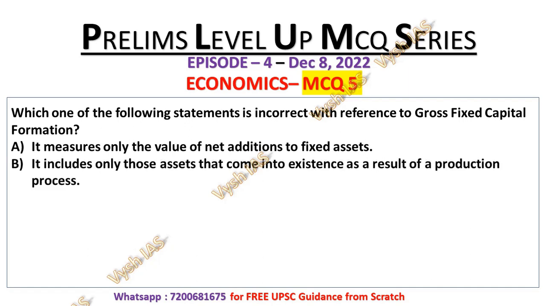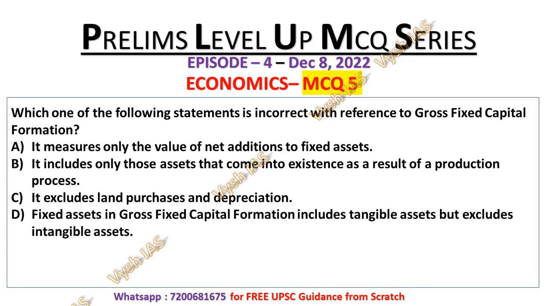Statement B: it includes only those assets that come into existence as a result of a production process. Statement C: it excludes land purchases and depreciation. Statement D: fixed assets in gross fixed capital formation include tangible assets but exclude intangible assets. So I will give you 10 seconds once again, try to answer the question in the comment section.